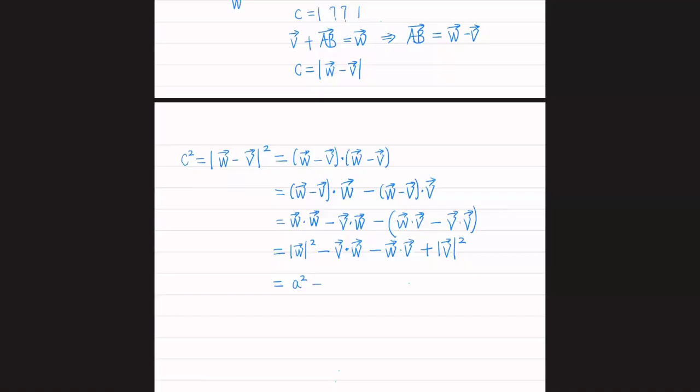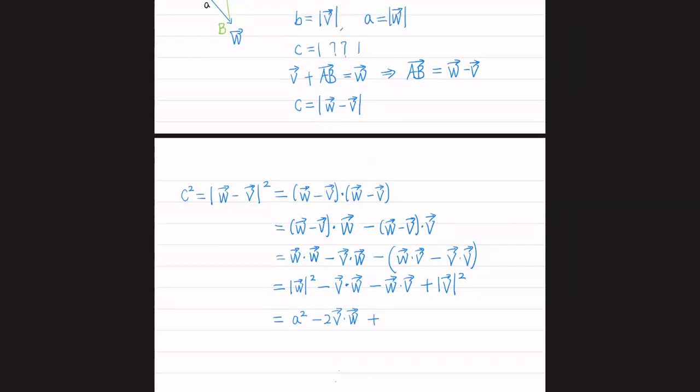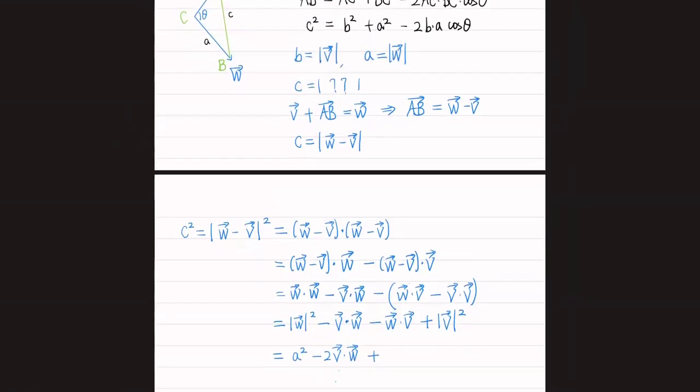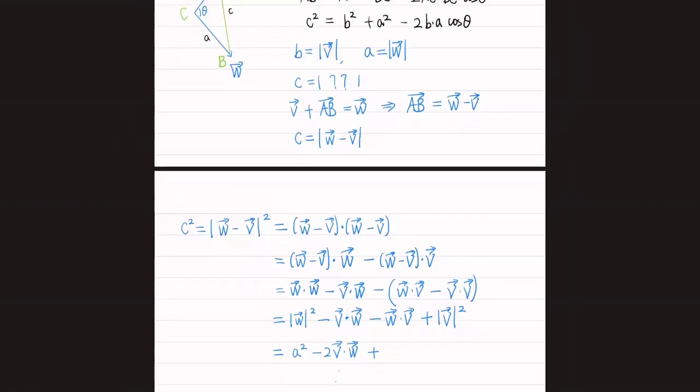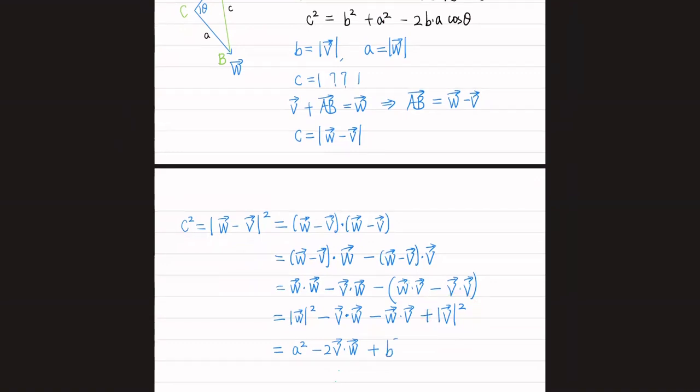I'm going to write 2vw. Last part, norm v squared. How do we simplify this? B squared, yes. So it's basically a squared minus 2ab plus b squared, I see now.